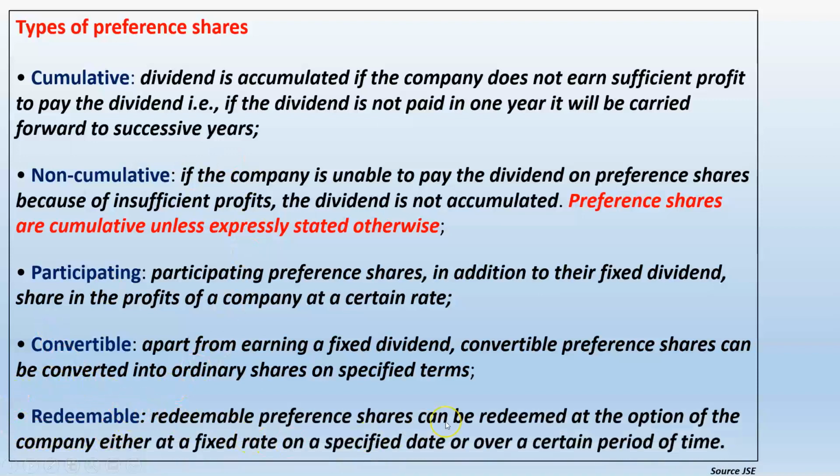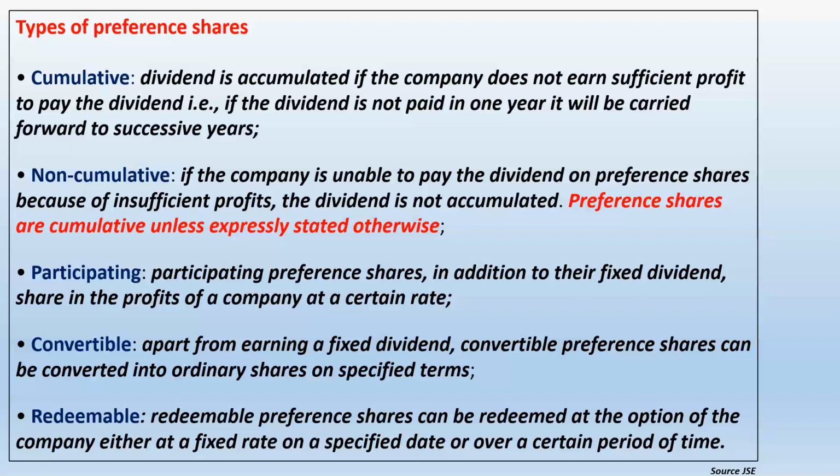And then we get the redeemable one. Redeemable means, and we've already spoken about that, that this share needs to be repaid to the shareholder at some future date. So the shareholder has invested X amount at a fixed rate into the company, and that amount needs to be repaid to the shareholder somewhere in the future. And we said that a compulsory redeemable cumulative preference share is exactly the same as loan finance.